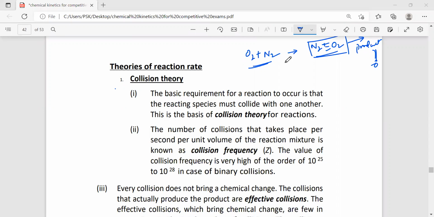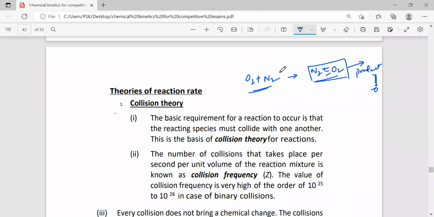Why is there no product formed? Because the energy at which these collide is not enough to bring about the reaction. But during thunderstorms and lightning, nitrogen and oxygen react to form nitric oxide, and this nitric oxide combines with water to form nitric acid, and we call that acid rain.